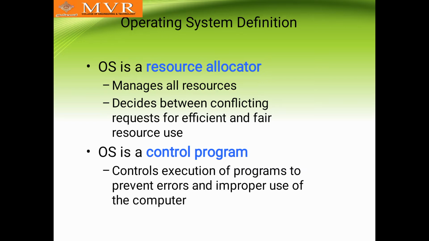As a resource allocator, it manages all the resources and decides between conflicting requests for efficient and fair resource use. As a control program, it controls execution of programs to prevent errors and improper use of the computer.